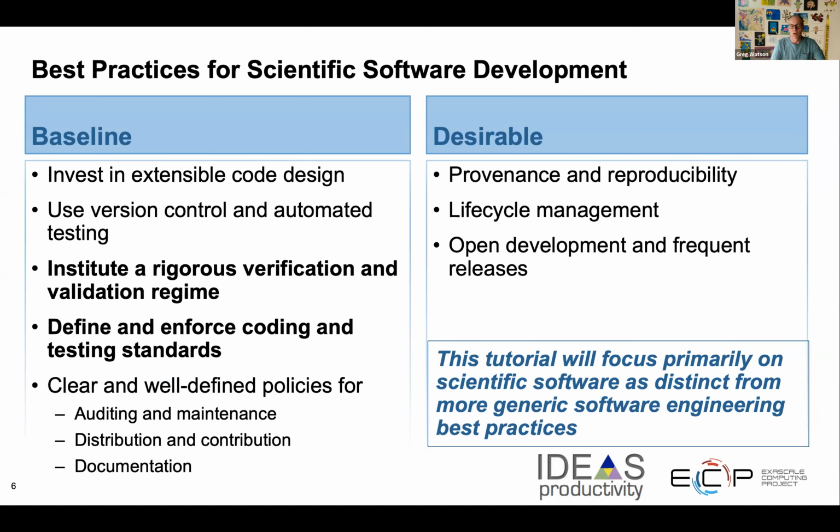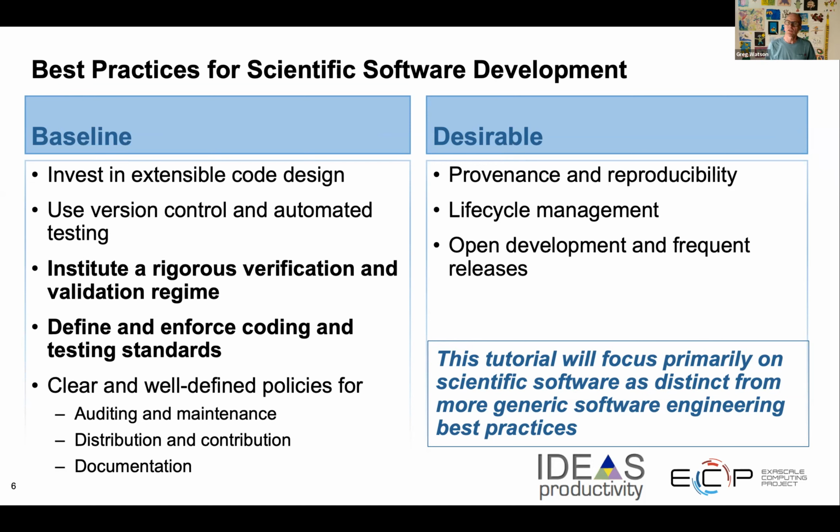And then there's other policies relating to auditing and maintenance, distribution, how you accept contributions and documentation, many of which are easy to adopt. So you can get some of these into the project at the beginning. Then on the more desirable side, there's issues such as provenance and reproducibility, which even though they have a big impact on the scientific outcomes, can be much more complicated.